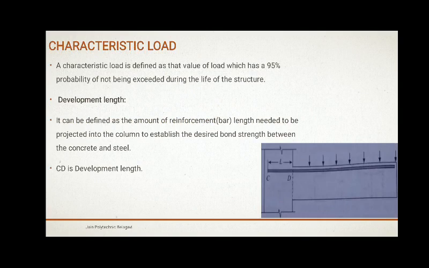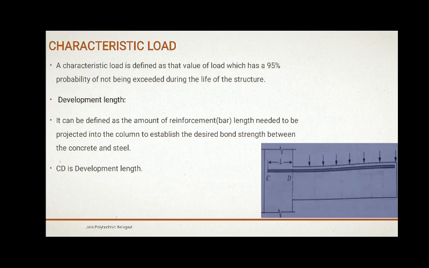Next is characteristic load. The characteristic load is defined as a value of a load which has the 95% probability of not exceeding during its life of the structure. Means characteristic load is a value of one load.